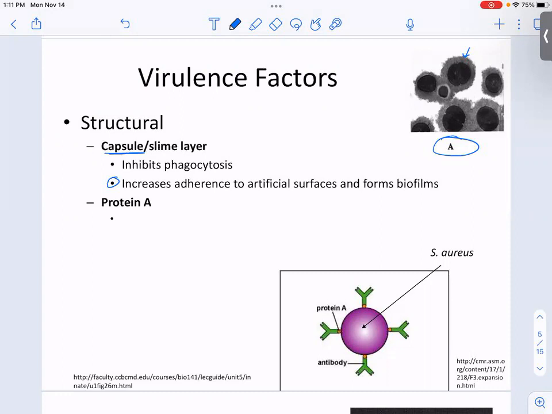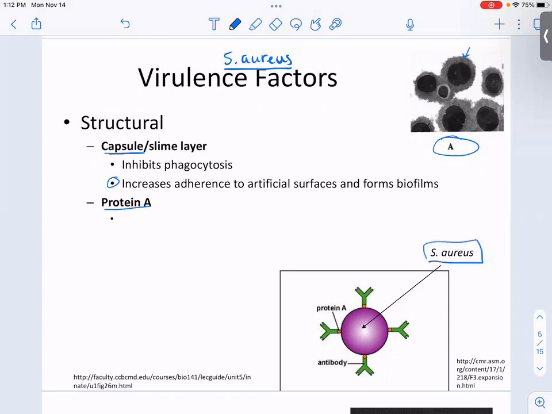Another structural virulence factor, protein A. We call it structural because it's on the outside of the bacterial cell. And again, these are virulence factors for Staph aureus. Not any one strain of Staph aureus probably would have all of these virulence factors, but these are just some of the tools in the toolkit.